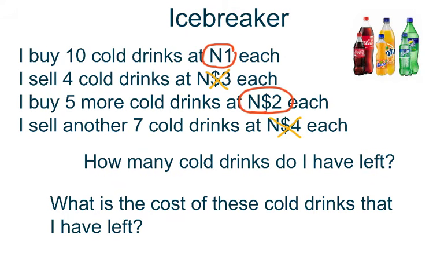So now we need to determine which cool drinks did we sell to determine the cost of sales and which cool drinks are left to determine the closing stock. So if we use the first in, first out method, then we will say that I will sell the ones that I bought first. So at the end of the year, my closing stock should consist of the most recent purchases.